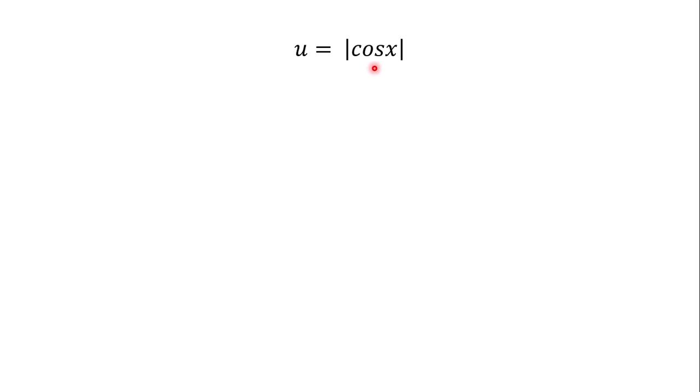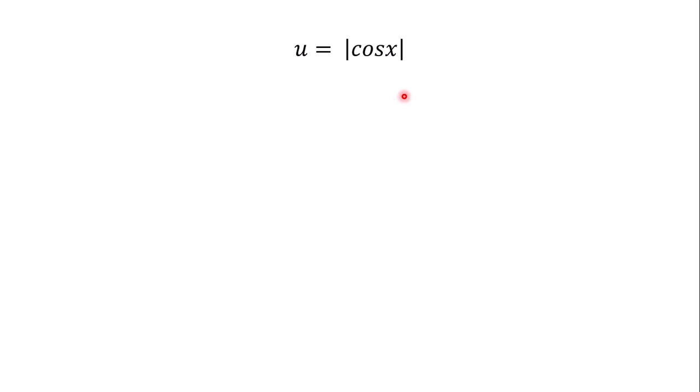It says, pick what is in the absolute value sign once again, and then divide it by the whole of that absolute value. So what is in the absolute value here again? That is cos x. So we pick cos x again, and then we divide cos x by the absolute value of cos x. When you do that, we get cos x over absolute value of cos x. Now we are going to multiply the two together.